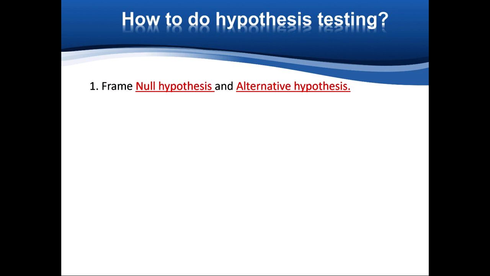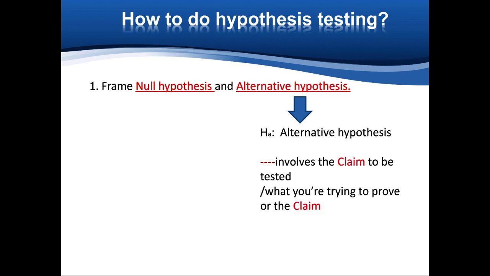We write HA for the alternative hypothesis, which involves the claim to be tested. The null hypothesis is written as H0, which is the opposite of the alternative hypothesis, which is also a status quo.